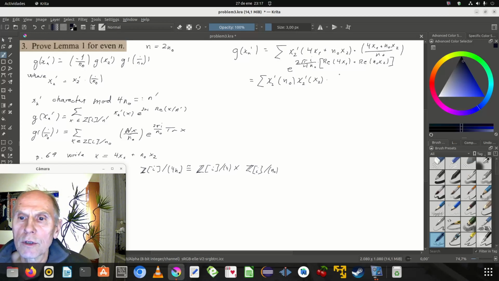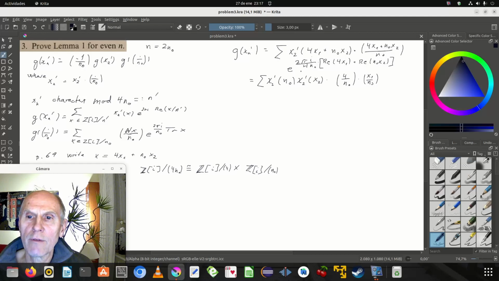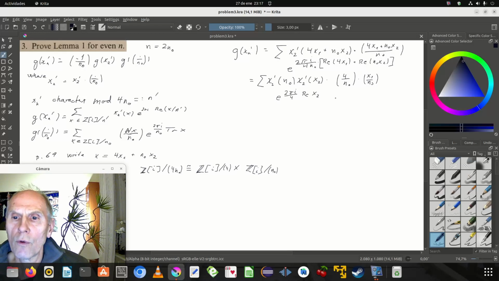So this becomes 4 times the character of x1 over n naught. And then we split this. Here we have the x2 part, we take n naught out to cancel here. And here times 4 x1.